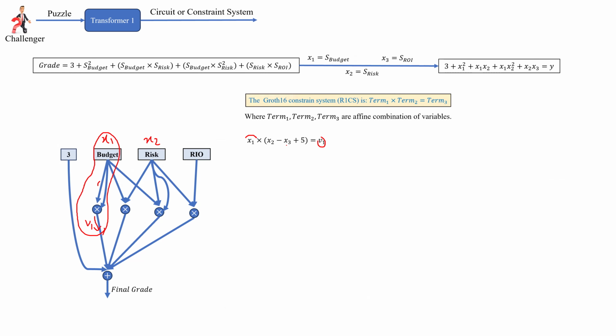So suppose that we have another circuit which is in this form. So x1, x2, x3, right? So x1 is multiplied by x2 minus x3, and we have a constant value like 5, and they do some computation, and then the output is this term.